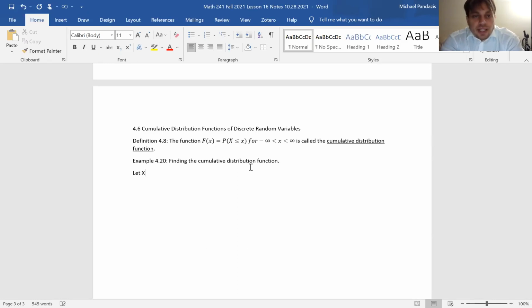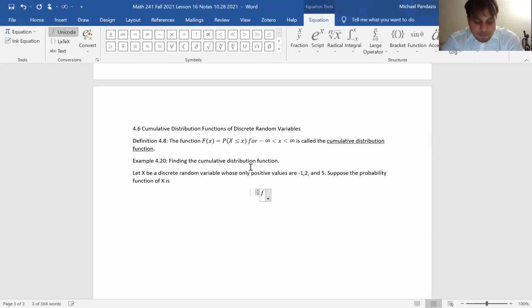So here we let X be a discrete random variable, right? The sample space is a discrete sample space, meaning it's finite or countably infinite. So let X be a discrete random variable whose only positive values are -1, 2, and 5. Suppose the probability function of capital X is the following.